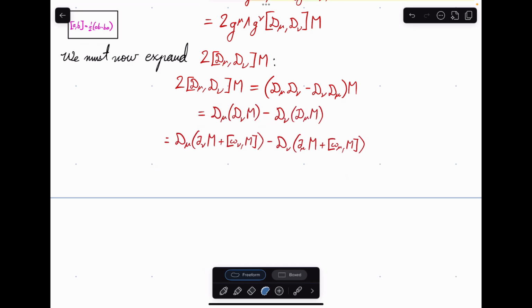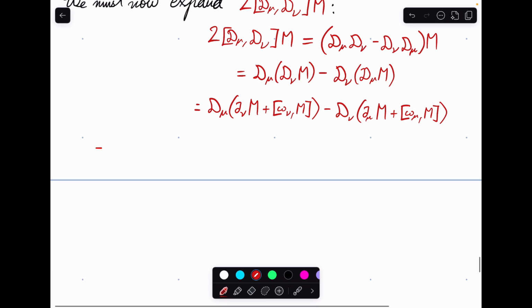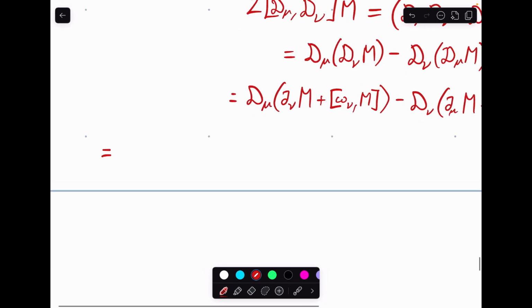And then we're going to do this one more time. We're going to plug in the definition here and here. So we get a fairly lengthy expression, as you'll see.